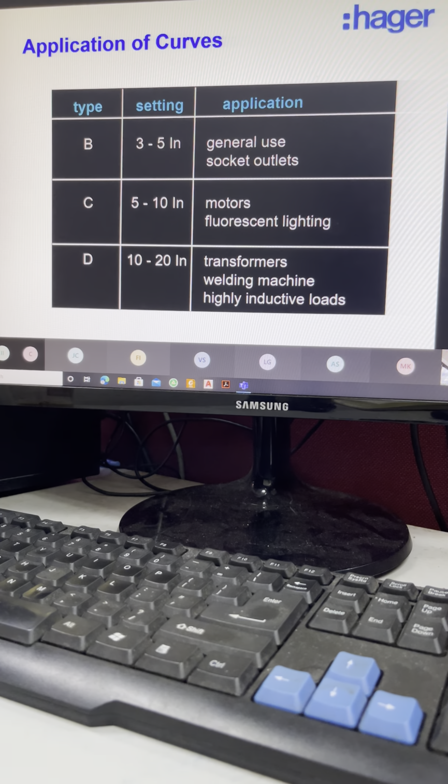It's also good in your design for all the incomers. Let's say you have a 63A 2-pole breaker as incomer, it is recommended to use Type D for discrimination purposes. Why? Because there are a lot of cases where there is a short circuit at the final circuit, maybe your jug kettle is faulty and the heating element is shorted.